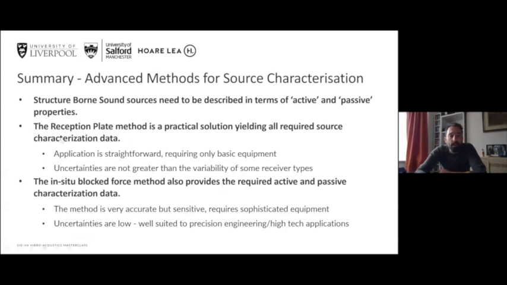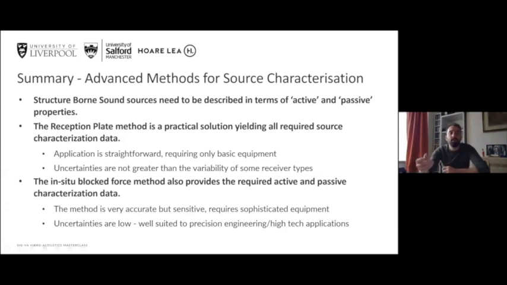So the reception plate method is a really practical solution, yielding all the required source characterization: source mobility, free velocity, block force. Application is straightforward, requiring only basic equipment, third octave band analysis, and one accelerometer. The uncertainties are often not greater than the variability in many receiver types.